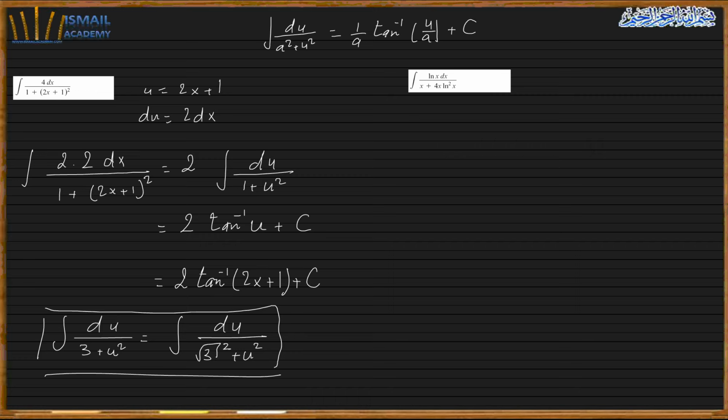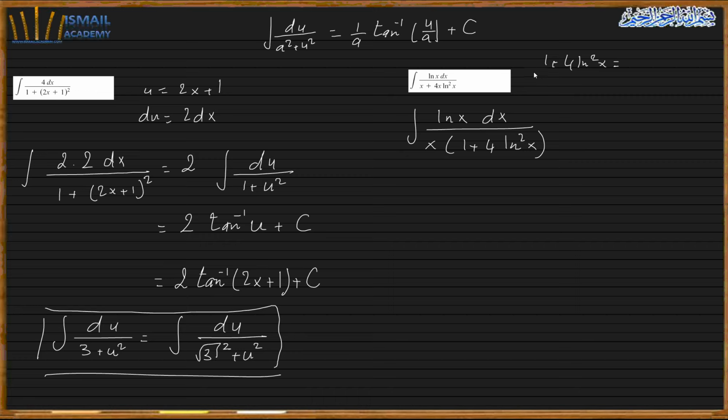Alright, so this is the same thing as ln x dx over x times (1 plus 4 ln squared x). If I take this one as my u, let me take the derivative of this one first, 1 plus 4 ln squared x.